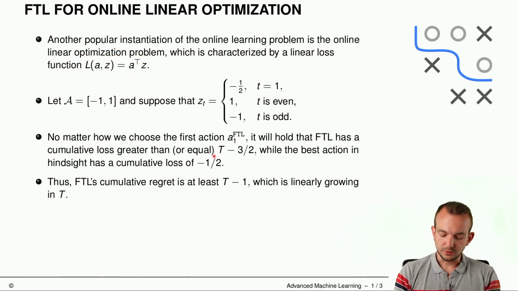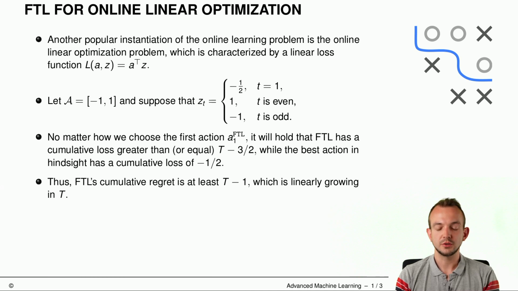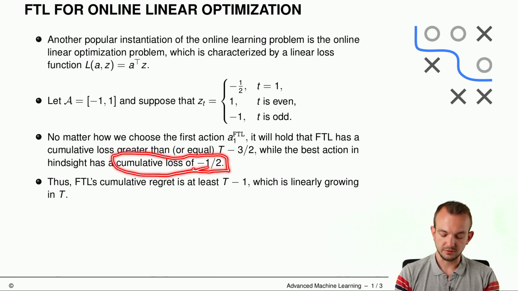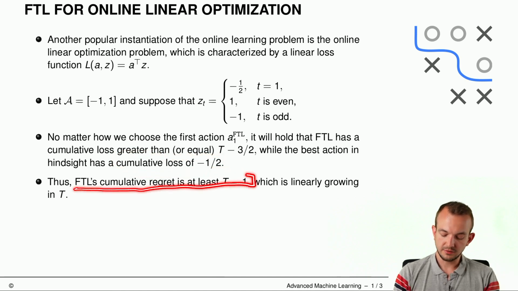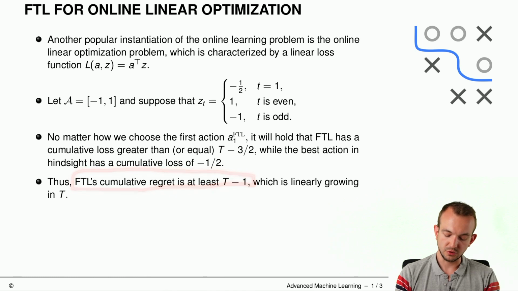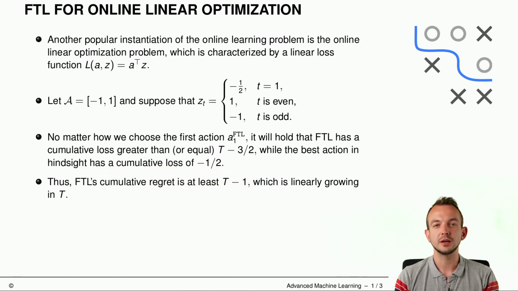But combining these two, the cumulative loss will be at least t -3/2, and the best action in hindsight has a cumulative loss of -1/2. This means, if we combine the two, that the cumulative regret of the follow-the-leader algorithm will be t -1, and it is linearly growing with t.